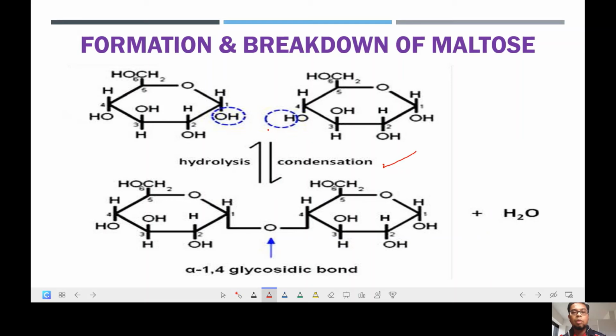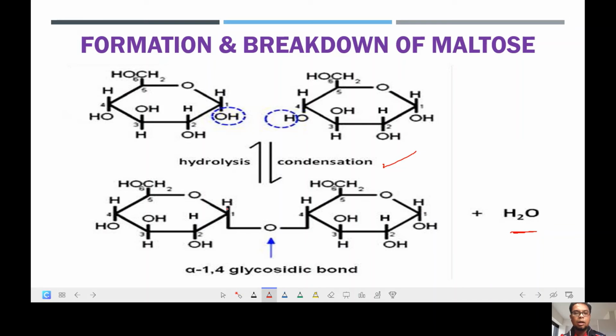To remove that water, the hydroxyl group at the first carbon atom of this alpha glucose needs to be removed together with the hydrogen atom from carbon number 4 of the other alpha glucose molecule. So as you can see, a water molecule is produced as a byproduct.